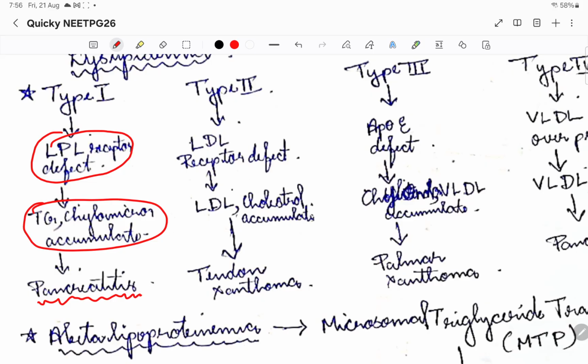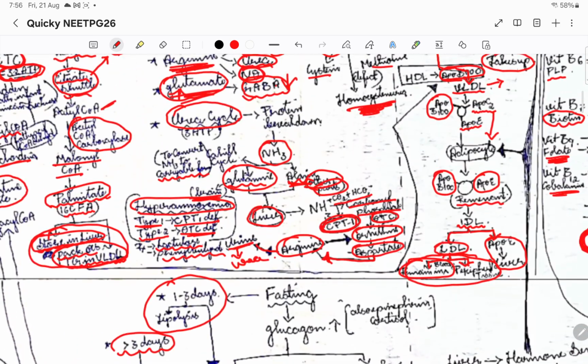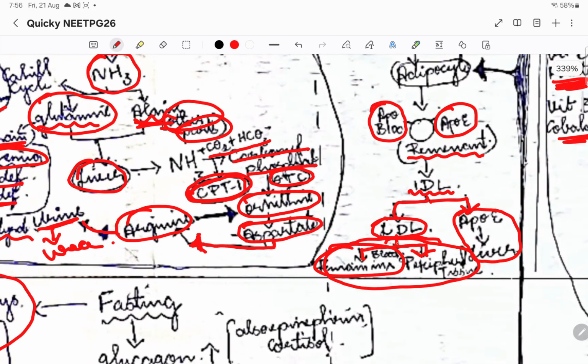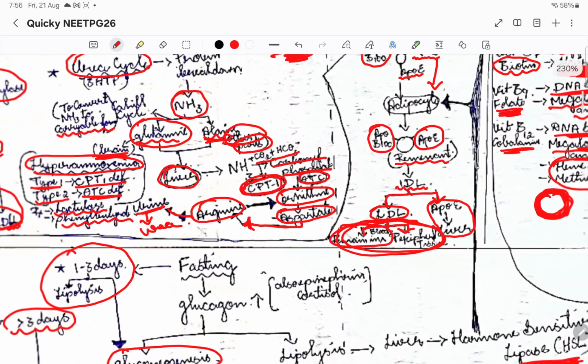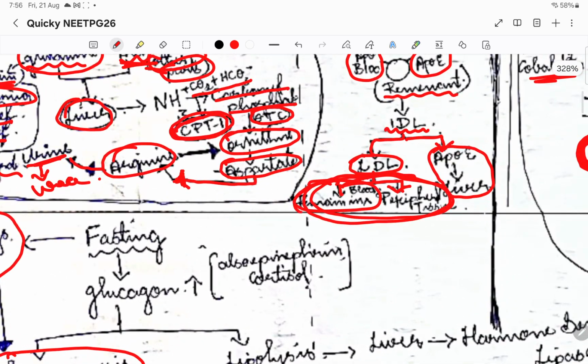Coming to type 2, it is LDL receptor defect. I told you, right? In peripheral tissues there are LDL receptors. When the LDL receptors are not there, the LDL starts remaining in the blood itself.